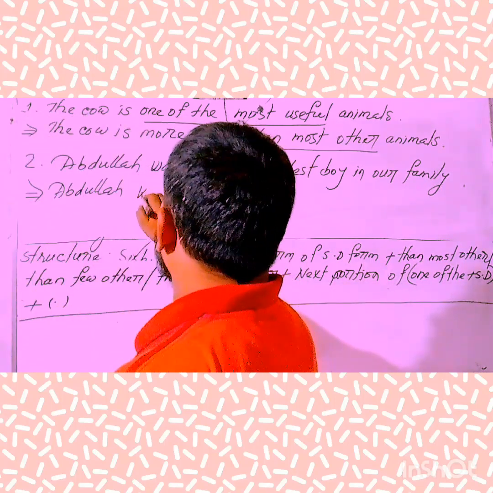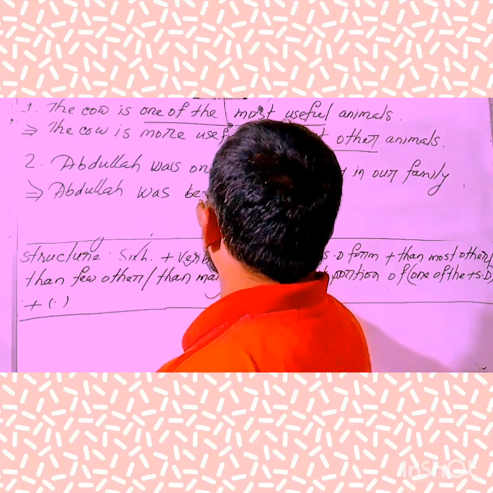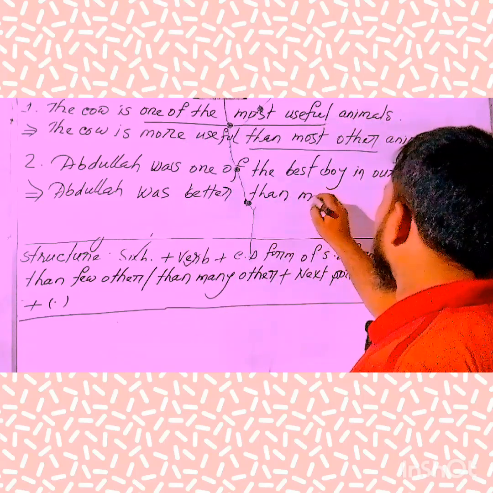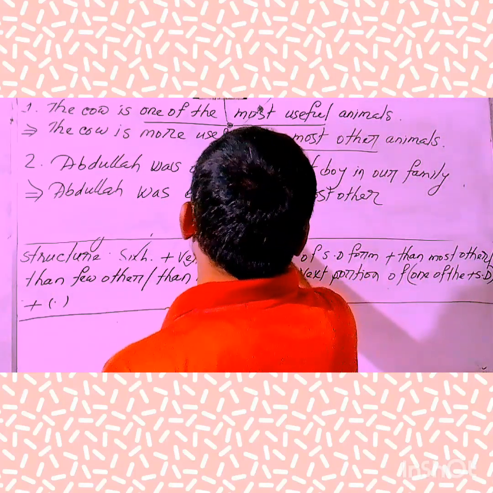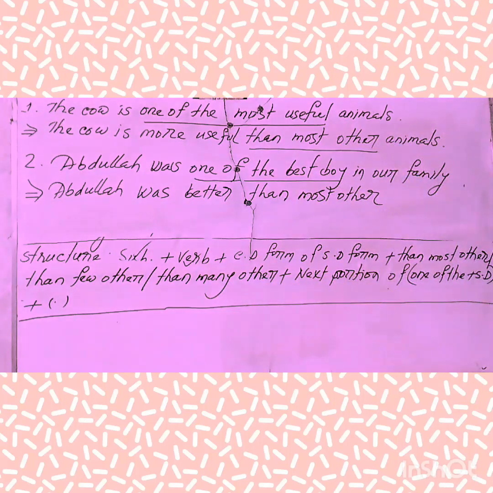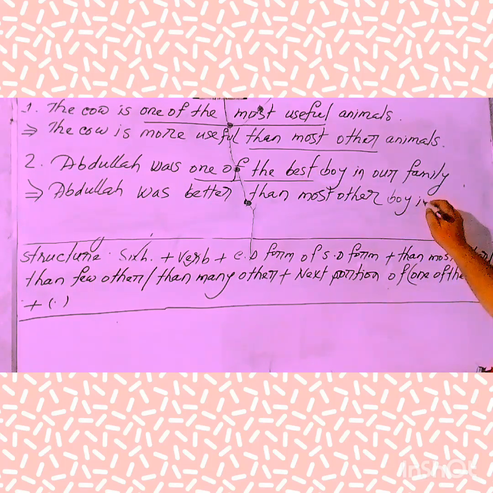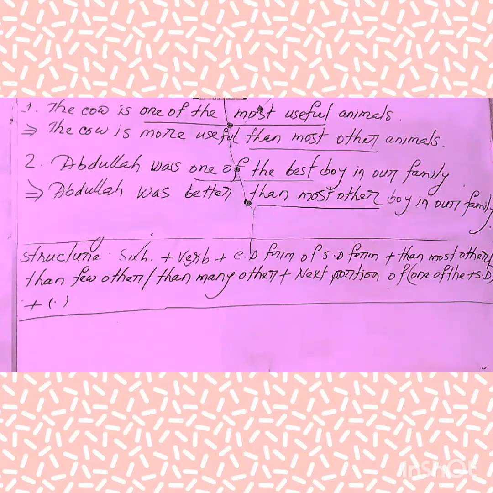Number two, verb. Here verb, was. CD form of HD form, better. Then most other. Now in this sketch, you will have to use the next version of one of the class again. Boy in our family. Okay, my dear learners, and underline then most other.